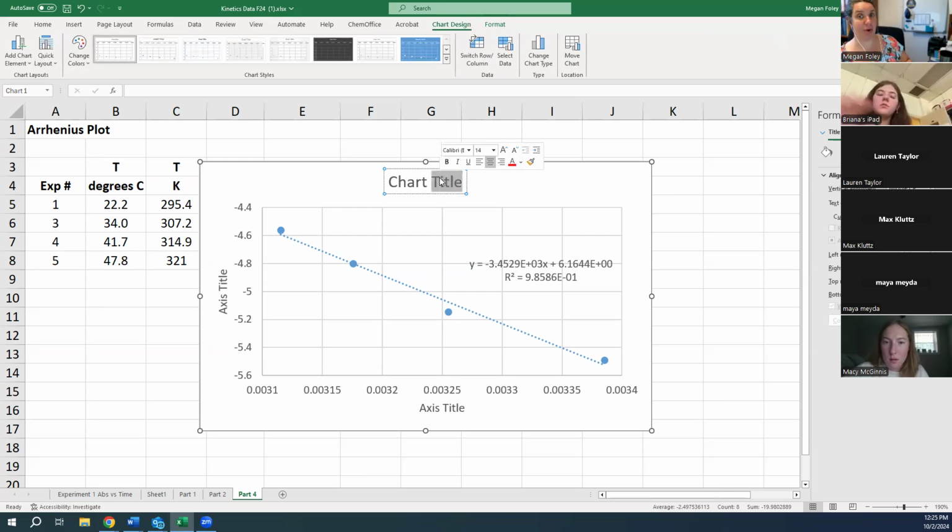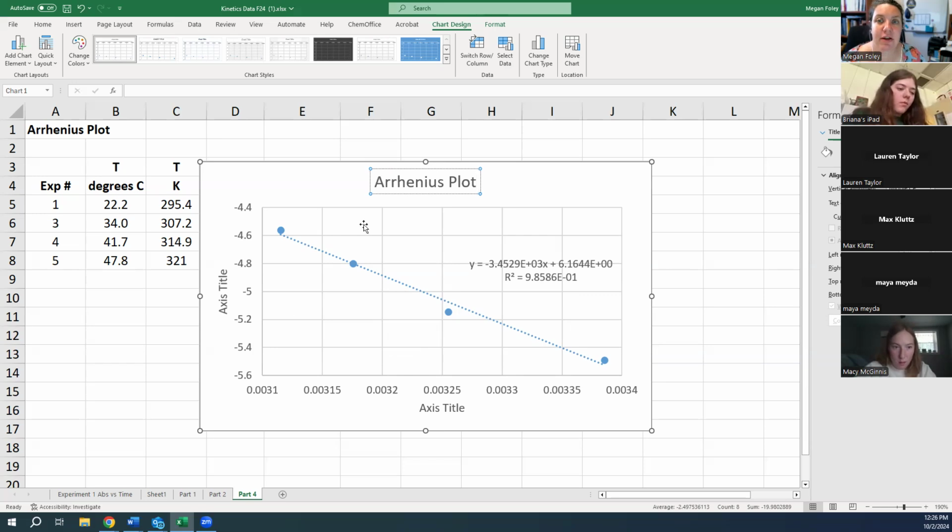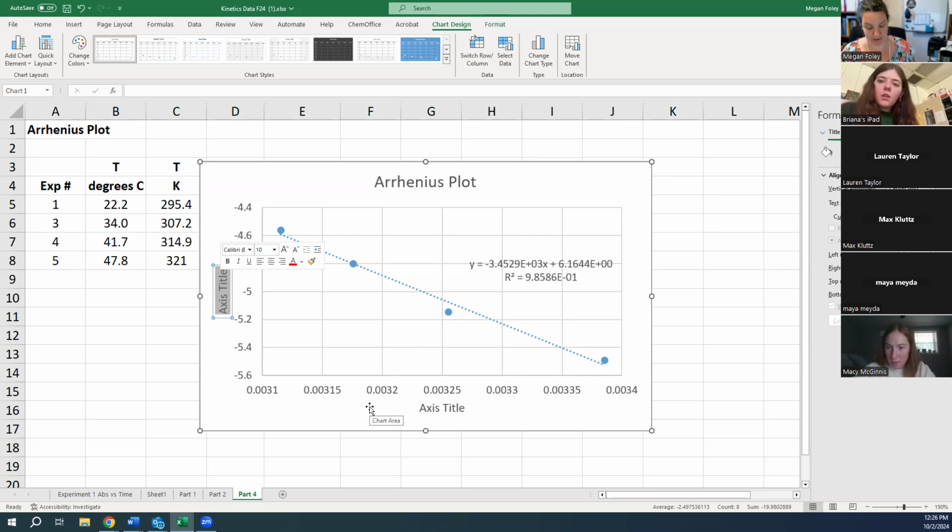This is an Arrhenius plot, so we can name that as Arrhenius plot. I will not take off for spelling because I don't even know if I spelled that right. On our y-axis we've got the natural log of k effective, so ln k effective.